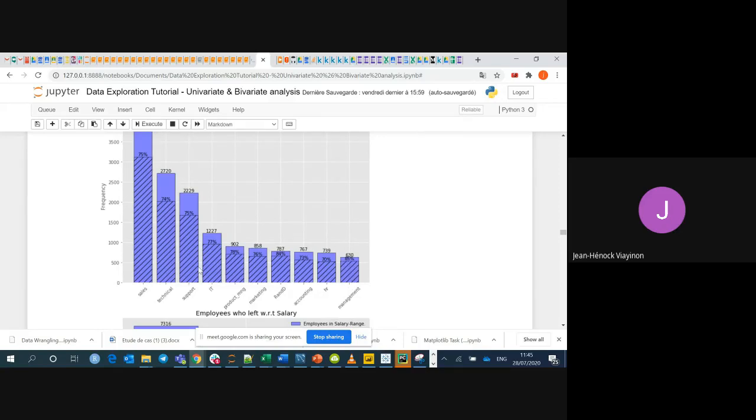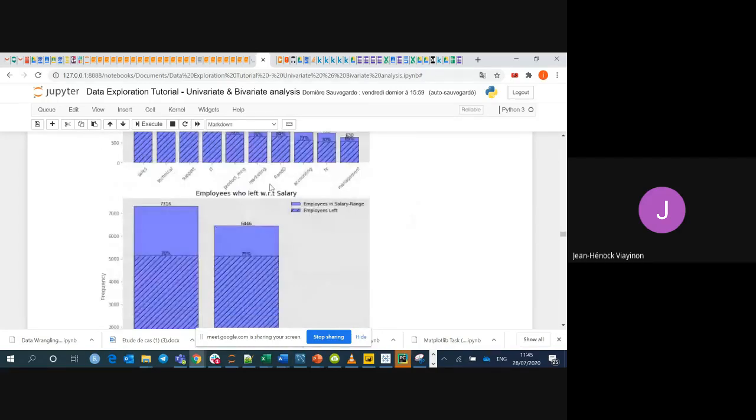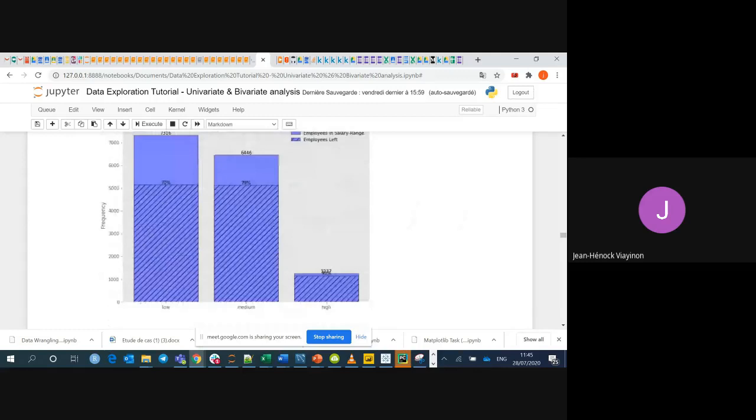But we are not using only the department; we can also use the salary level. And from the salary level, we saw that those with a high salary level are leaving the most. So why? It could be confusing at the beginning, because why are you leaving if you have a very good salary?